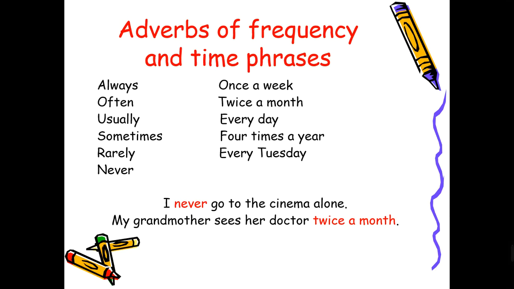Now let's have a look at the adverbs of frequency and time phrases. These are the keywords for the present simple. Once you see these words, of course you're going to use the present simple with them, like always, which means all the time, often, which means most of the time, usually, it's like a habit, sometimes, so not all the time, only sometimes, rarely, that means very, very few times, never, that means you don't do this action, once a week, twice a month, every day, 4 times a year, every Tuesday.